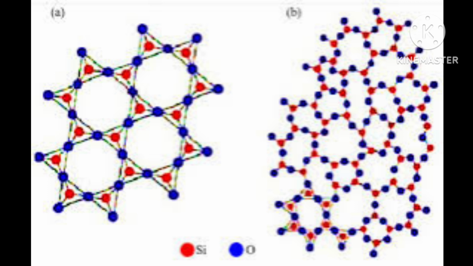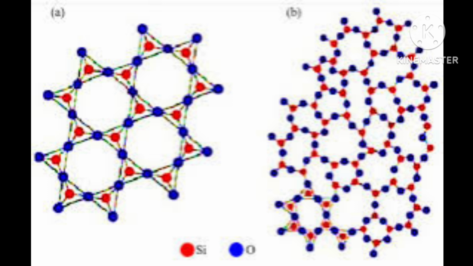By its structure only you can understand. Its exceptional properties are due to its typical structure. Why is graphite a conductor of electricity?